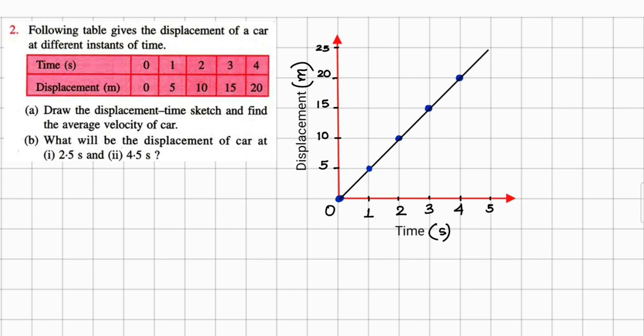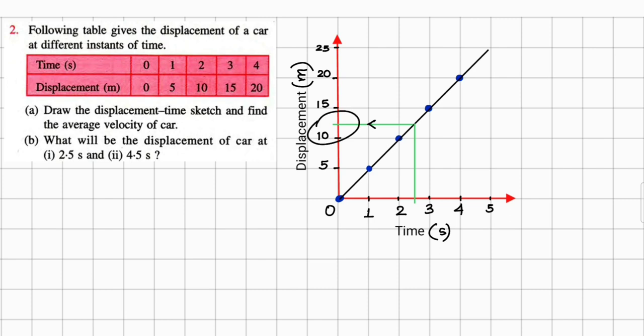And the second part of the question, they are asking what will be the displacement of the car at 2.5 seconds. So let us draw that. From 2.5, we are drawing a line vertically upwards which touches the main line, that is the graph. And from there, I'll move to the left hand side so that it intersects the displacement axis like this.